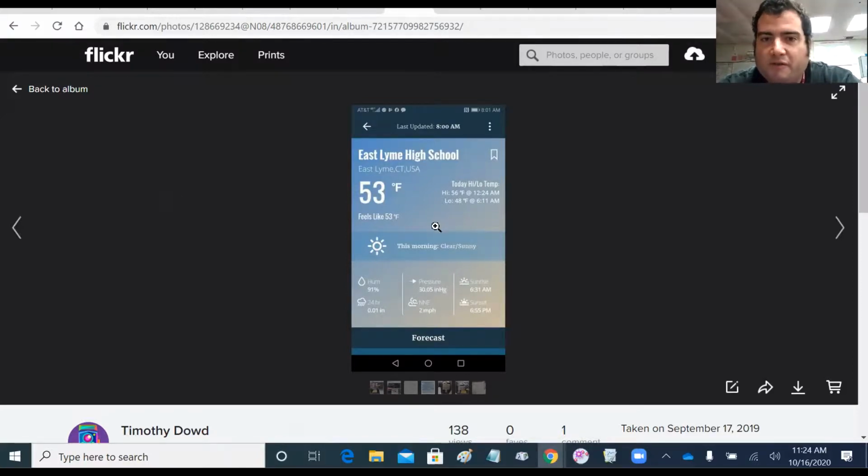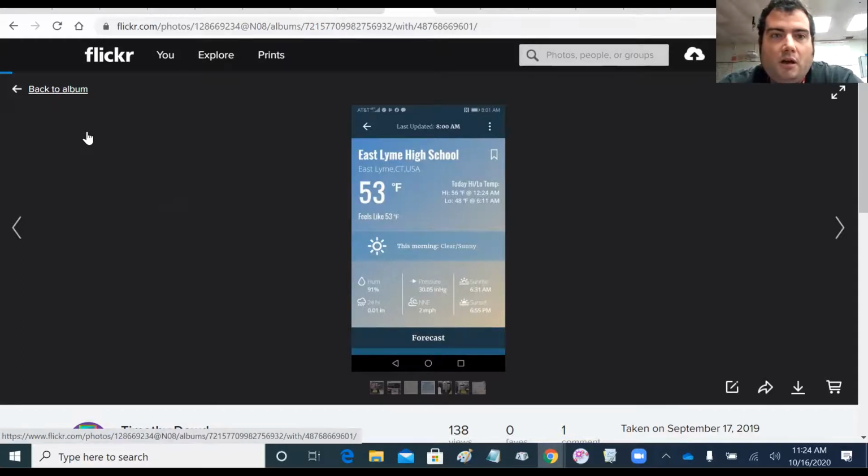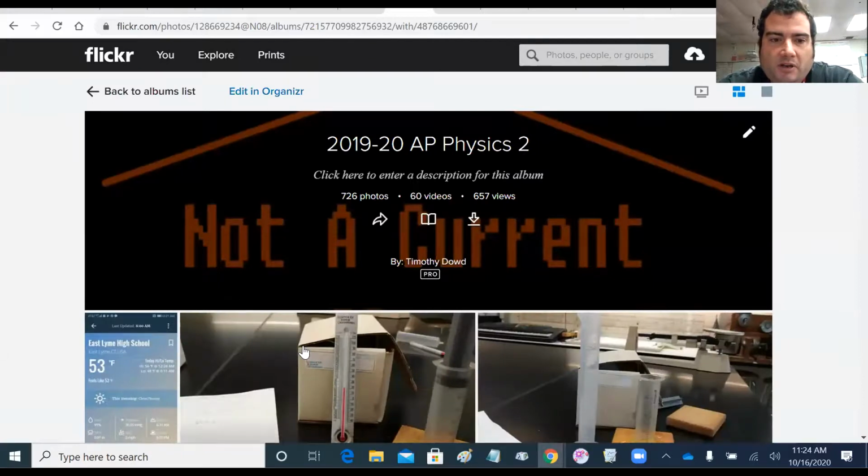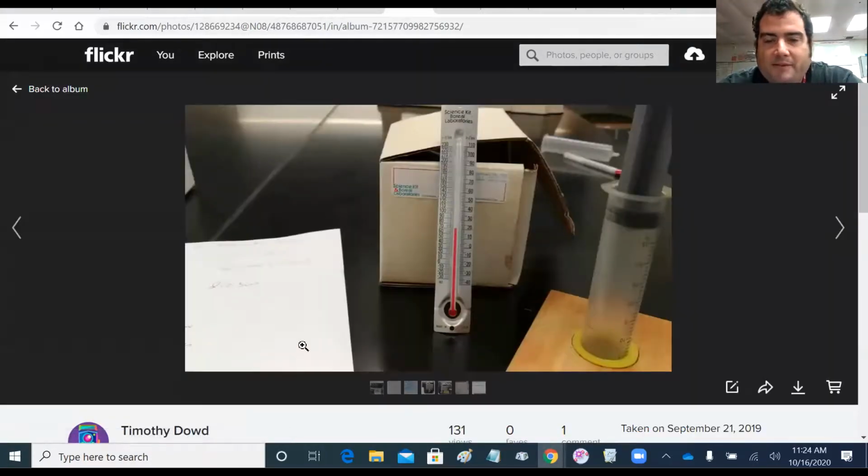So we have apps on our phones where we can get the exact pressure at our school at any time. So in the 2019-2020 school year when we did this, this was the pressure on the day we carried it out. Other variables we can measure: temperature by just having a thermometer, and we can measure the volume by reading off the cubic centimeters that are in the syringe.